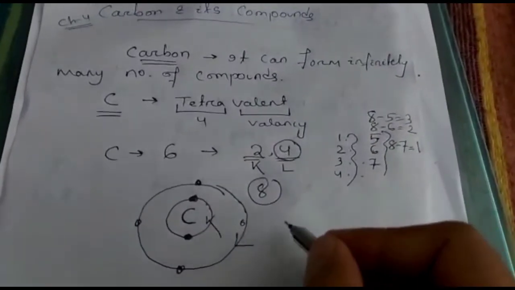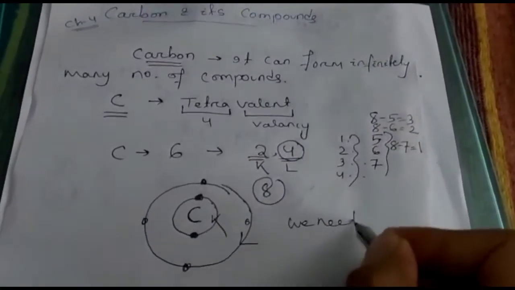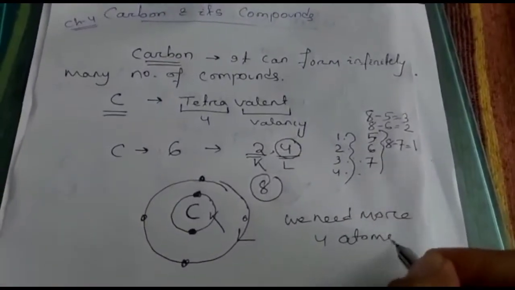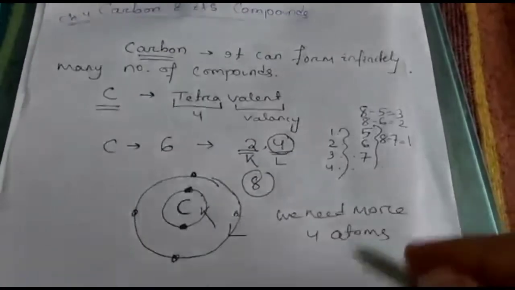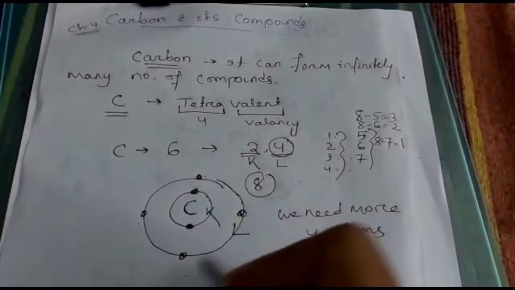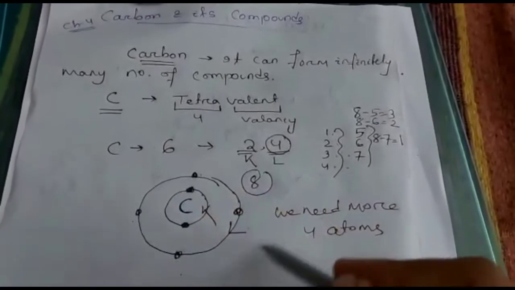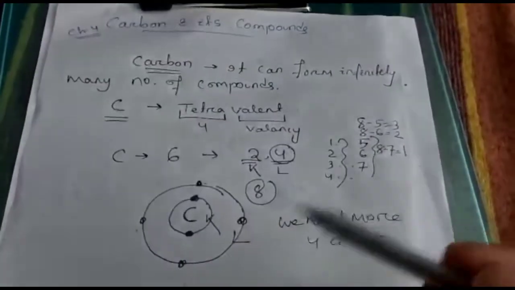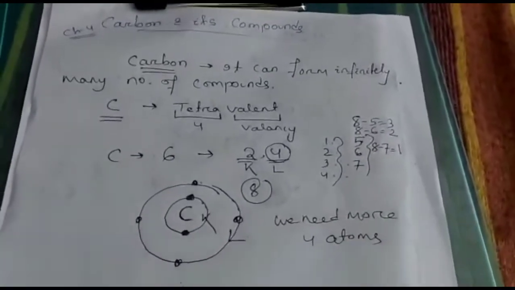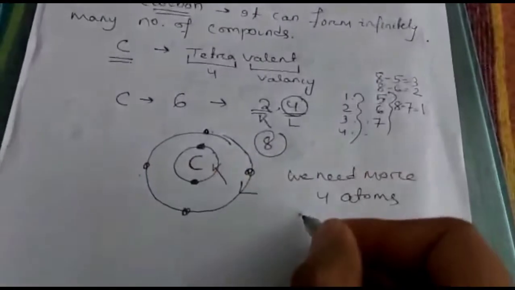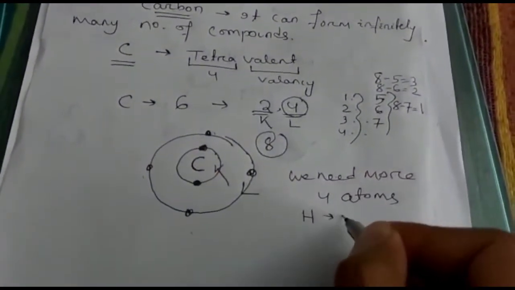That means we need 4 more electrons to connect in this place, 1, 2, 3, 4, to make the last cell 8. How can we do this? I can give an example. You know the valency of hydrogen is 1.